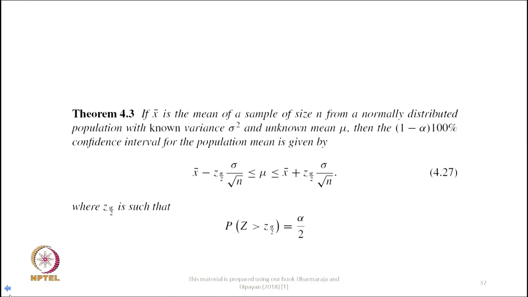That means we are finding the random interval for the unknown population mean mu with the given 1 minus alpha 100% confidence. Therefore, this is called the confidence interval for the population mean that is given in this theorem. Fine.